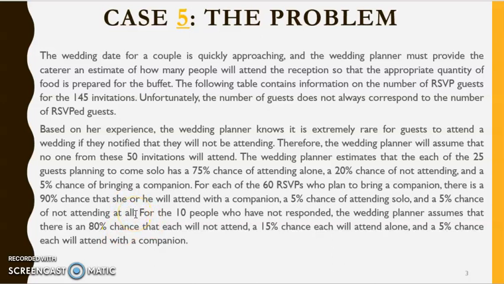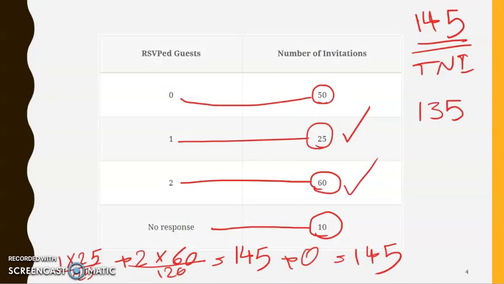For the remaining 10 people who have not responded to the RSVP, the wedding planner assumes that there is an 80% chance that each will not attend, a 15% chance each will attend alone, and a 5% chance each will attend with a companion. So now we have this information, this case description, as well as this table to do our simulation model.